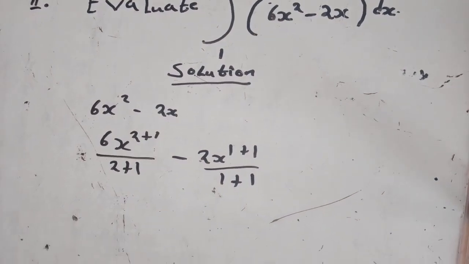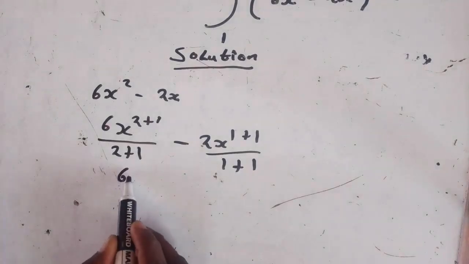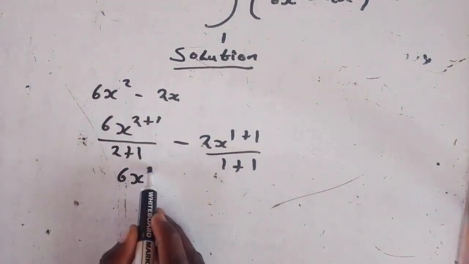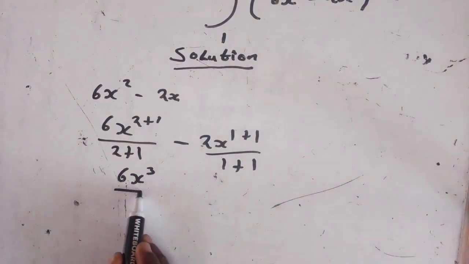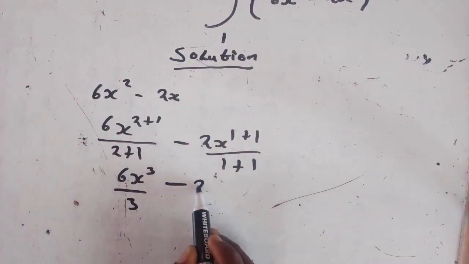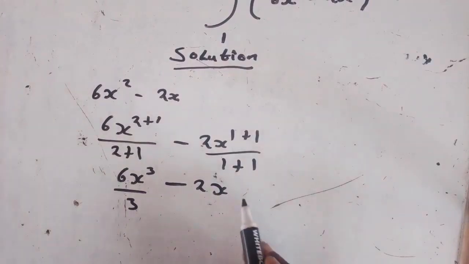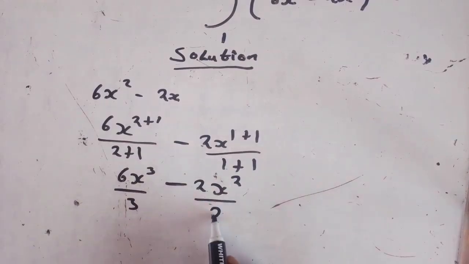So here we're going to have 6x, 2 plus 1 is 3, so we're going to have 6x cubed over 2 plus 1, which is 3, minus 2x, 1 plus 1 is 2, over 1 plus 1, which will give you 2.